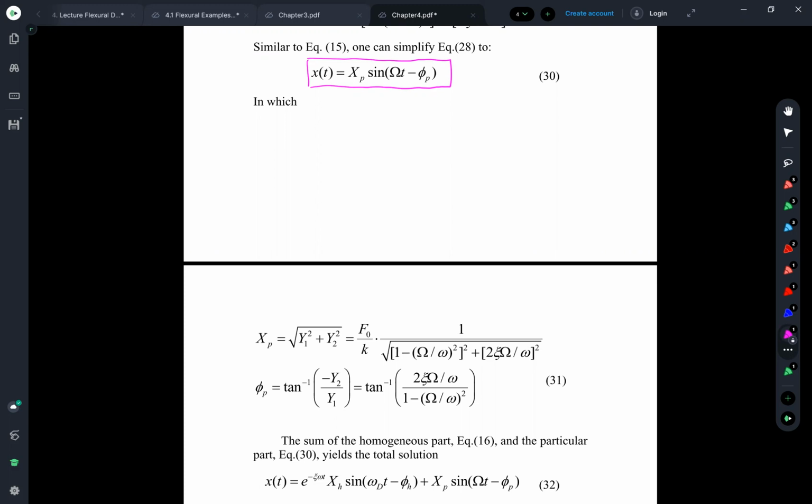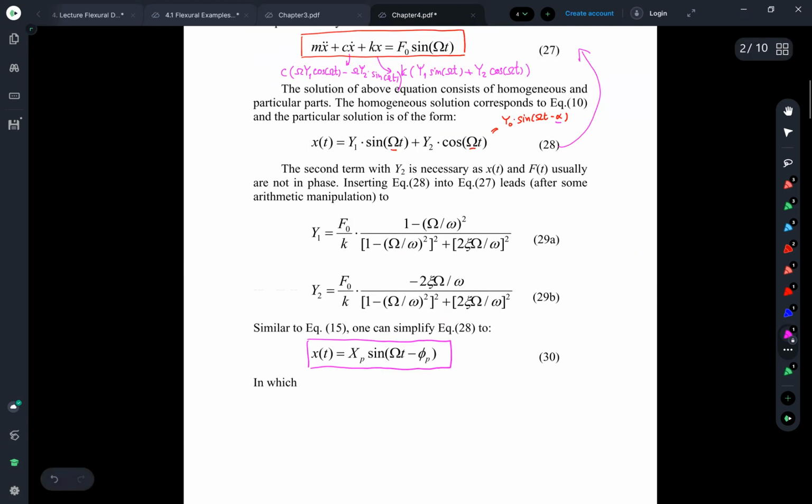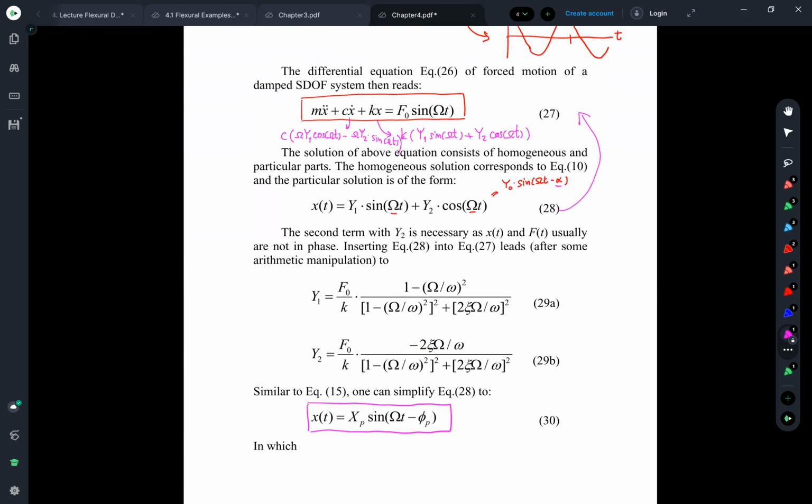Therefore, this just guarantees that the left and the right hand side of equation 27 will be equal if you introduce x like this into 27. And this is the solution of that. But the problem is it contains nothing about the arbitrary constants to take care of the initial conditions.